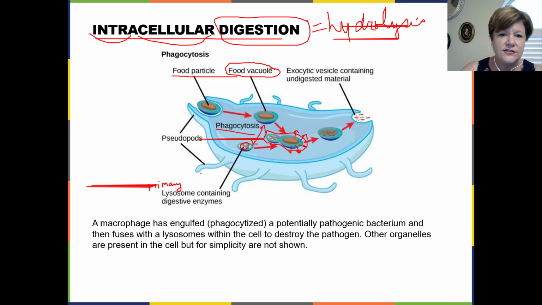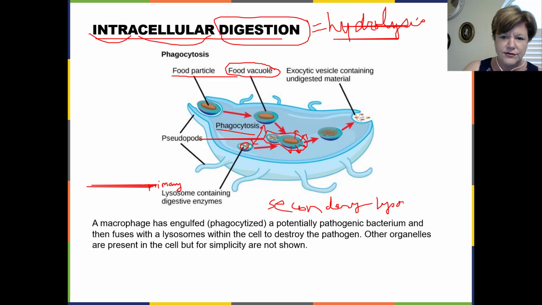And then once it fuses to the food vacuole, that larger compartment where the hurricane is happening, that's called the secondary lysosome. So in a primary lysosome, there's no action. All the action is in the secondary lysosome.